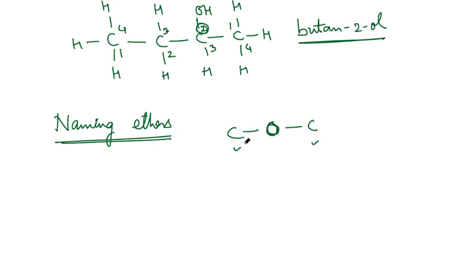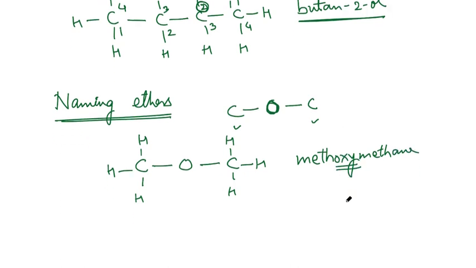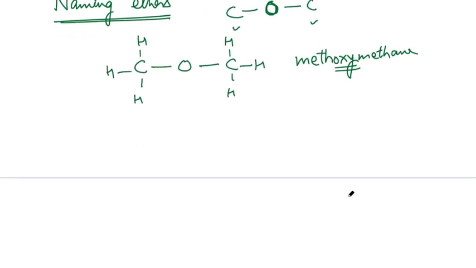Suppose I have one carbon on both sides. Then the name of this compound becomes methoxymethane. We add here oxy. So the name of the compound is methoxymethane. We add oxy in between both the alkyl groups. But if the 2 carbon chains are of different carbon number, then how to write the name of the compound?